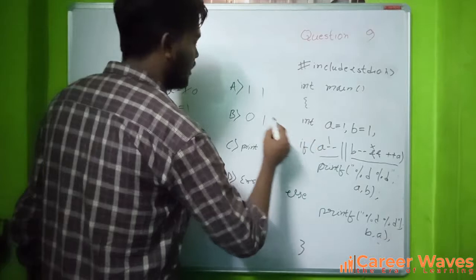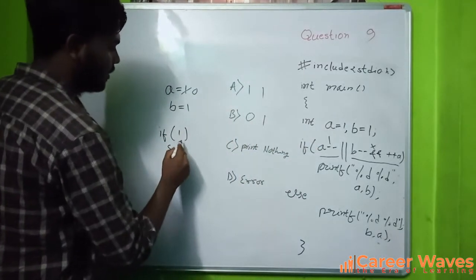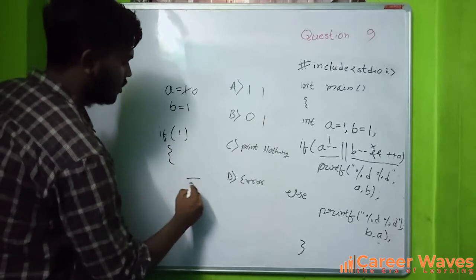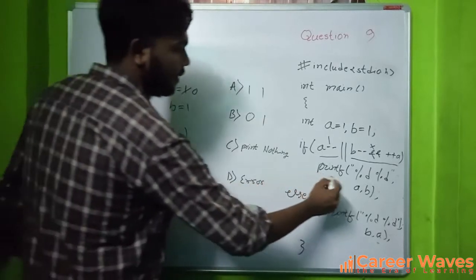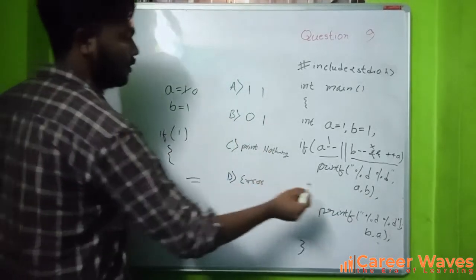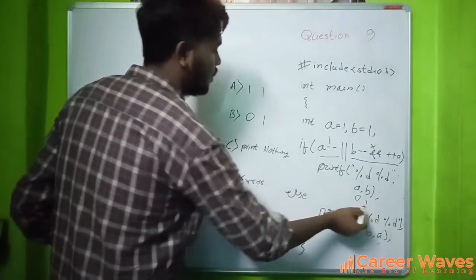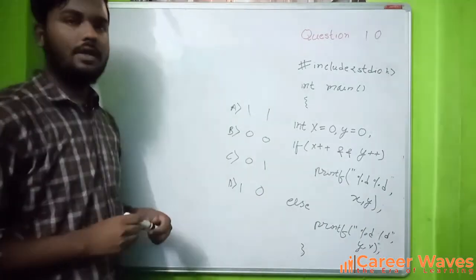So this is like if 1, that is, this becomes true, so we'll execute this statement, print a %d and b. The value of a here is 0 and the value of b here is 1, so 0 1 will be printed.